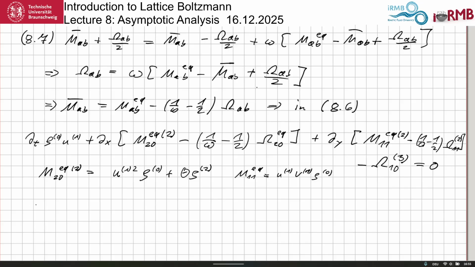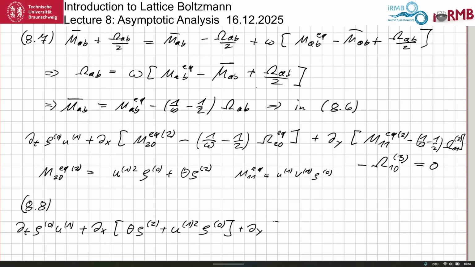Now plugging this in gives us equation 8.8. dt rho 0 u1 plus dx comes theta rho second order plus u first order squared rho 0, plus dy u1 v1 rho 0.